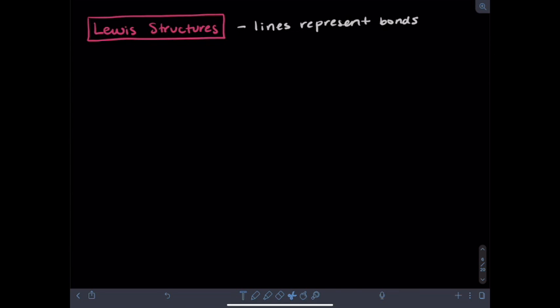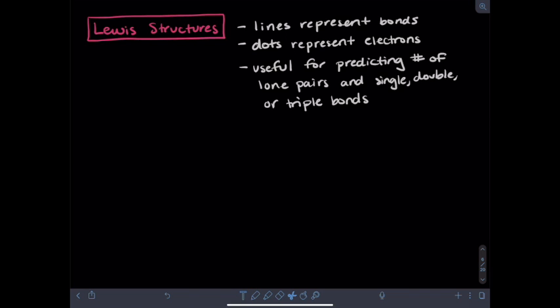In a Lewis structure, we'll use a line to represent a bond. We'll use dots to represent electrons. And you'll see that Lewis structures are a really useful way that we can predict how many bonds an atom has, how many lone pairs it has, and whether its bonds are single, double, or triple.